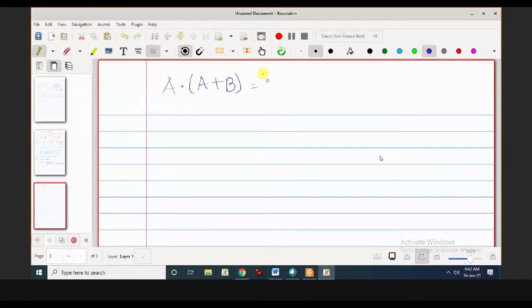So I'll be using A into A plus A into B. Any trouble over here? I don't think so. Simple maths also tells you the same thing.